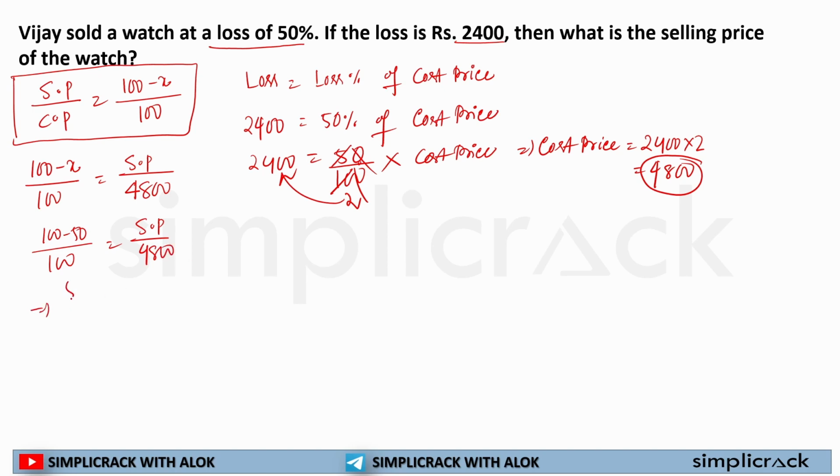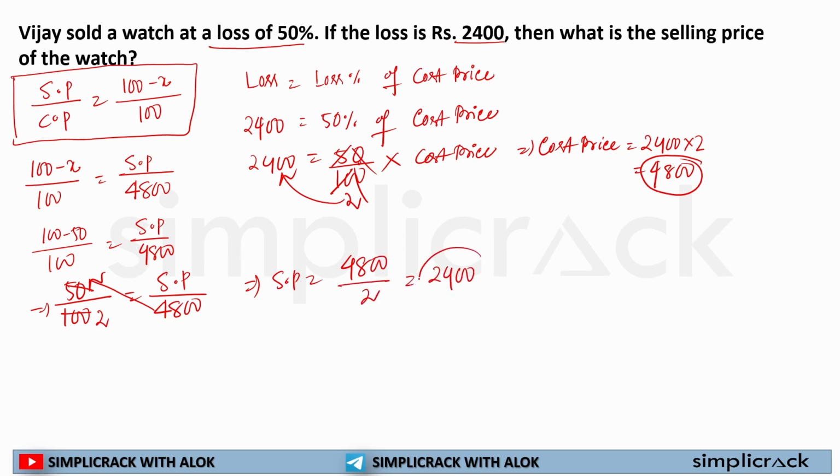Or I can write 100 minus 50 is equal to 50 divided by 100 is equal to selling price by 4800. And if I solve it, 5 2s are 10 and selling price will come this side. Selling price is equal to 4800 divided by 2, that is 2400. So my selling price is 2400.